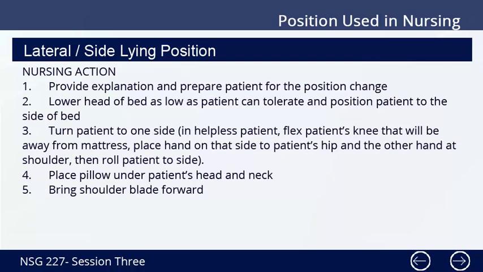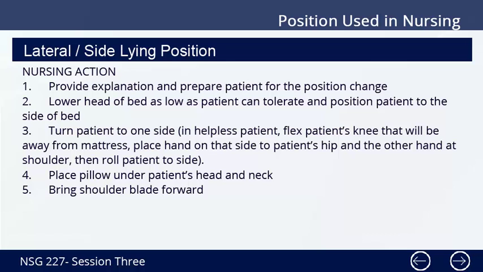Procedure, nursing action and rationale. 1. Provide explanation and prepare patients for the position change. Rationale, provides comfort and relaxation. 2. Lower head of bed as low as patients can tolerate and position patients to the side of the bed.